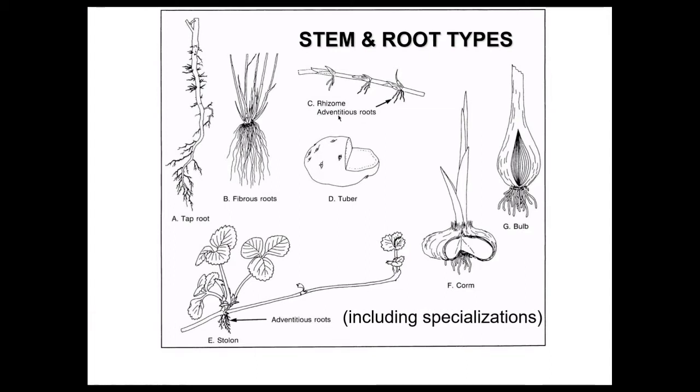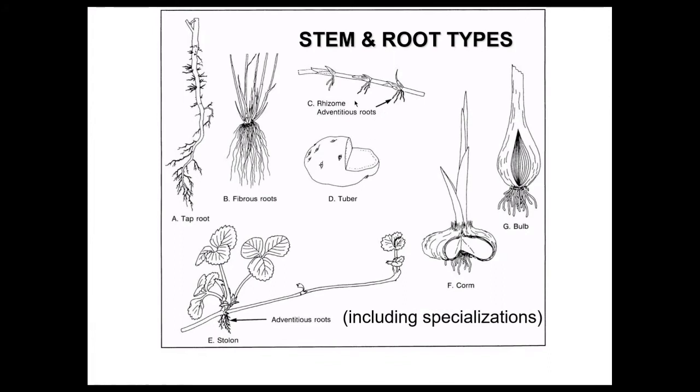They both have adventitious roots. An adventitious root is a specialization within itself. You'd see them on poison ivy growing up the side of a tree. Adventitious roots are roots that arise from some other root besides the primary root, the parent primary root. In other words, like coming off of the stem.